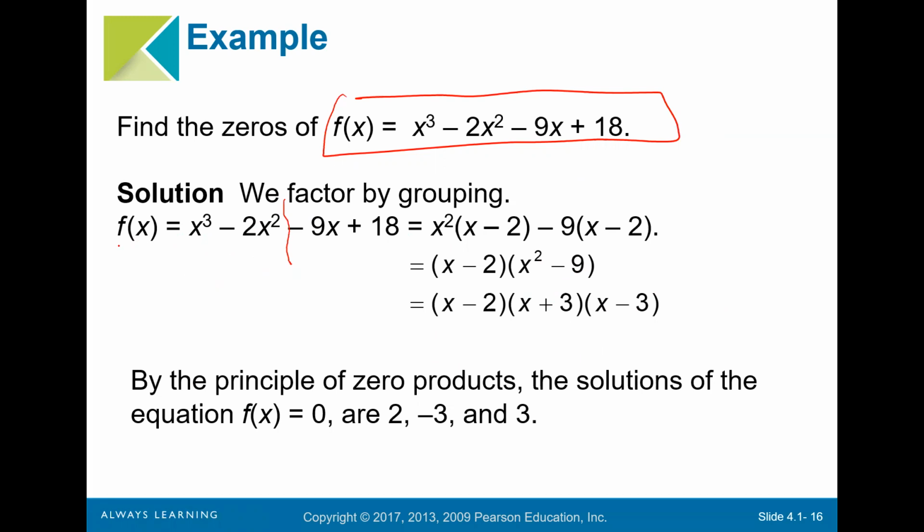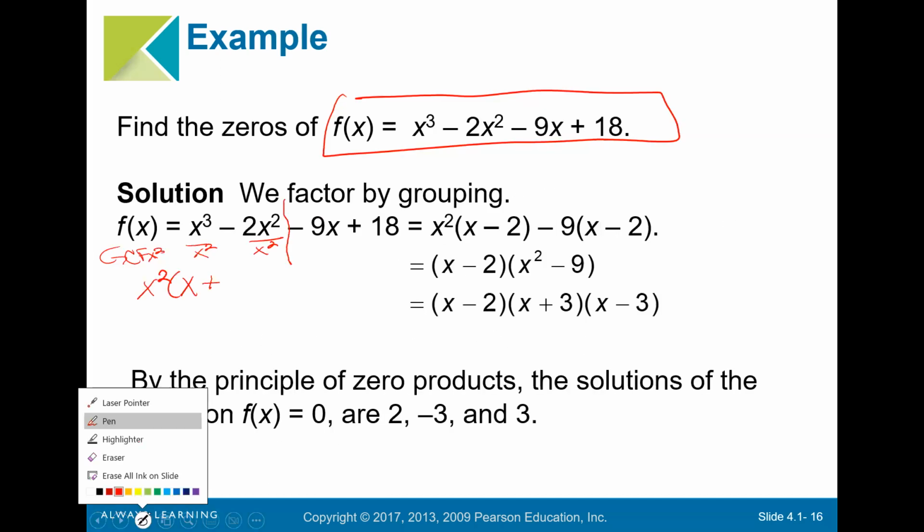So I noticed that on this side here, I got a GCF of x squared. So let's factor the x squared out. And when I do that, it means I'm dividing by x squared. So x squared pulls out of x cubed, leaving x. X squared divided into negative 2x squared gives me a negative 2, not a positive. Let me erase that right quick.